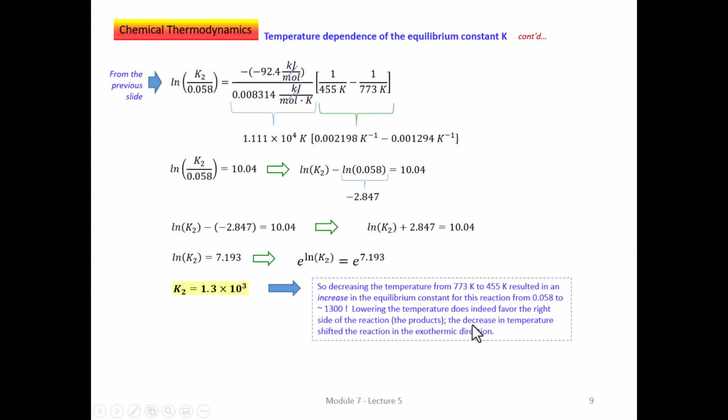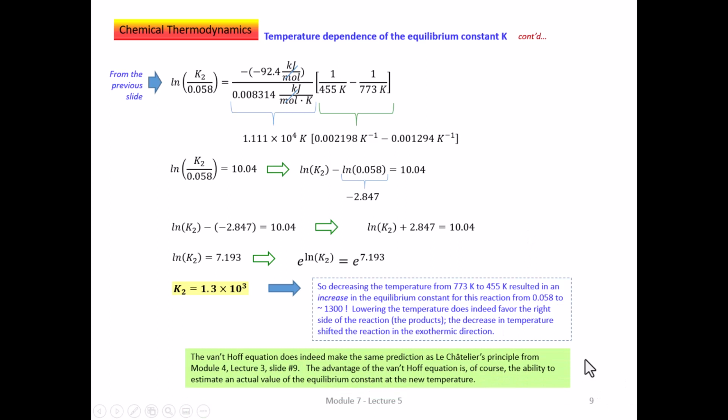So lowering the temperature does indeed favor the right side of the equation, the products. The decrease in temperature shifted the reaction in the exothermic direction. So the Van Hoff equation does indeed make the same prediction as Le Chatelier's principle from Module 4. The advantage of the Van Hoff equation, of course, is the ability to actually calculate a number for the new equilibrium constant at the new temperature.